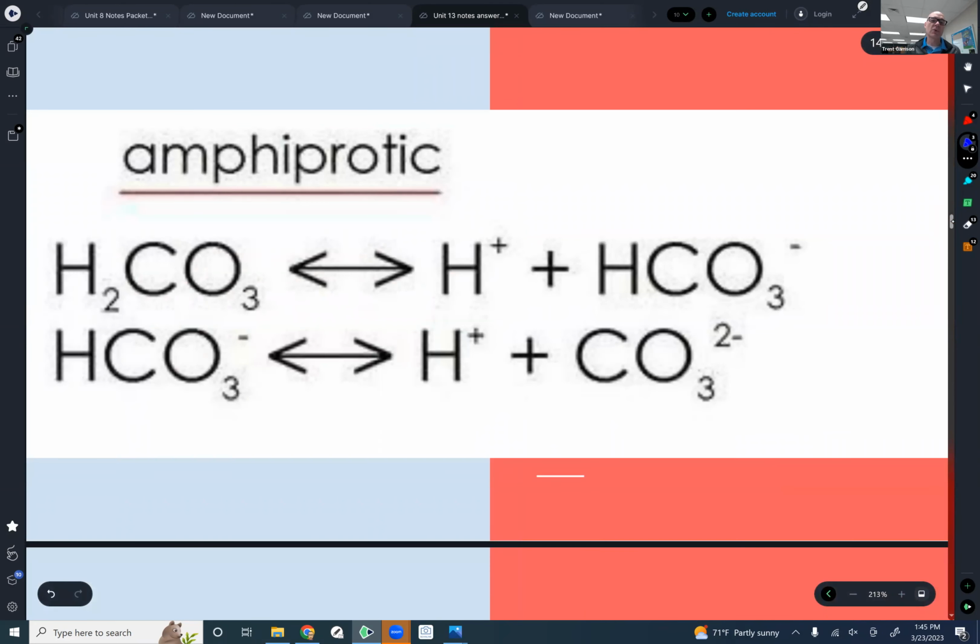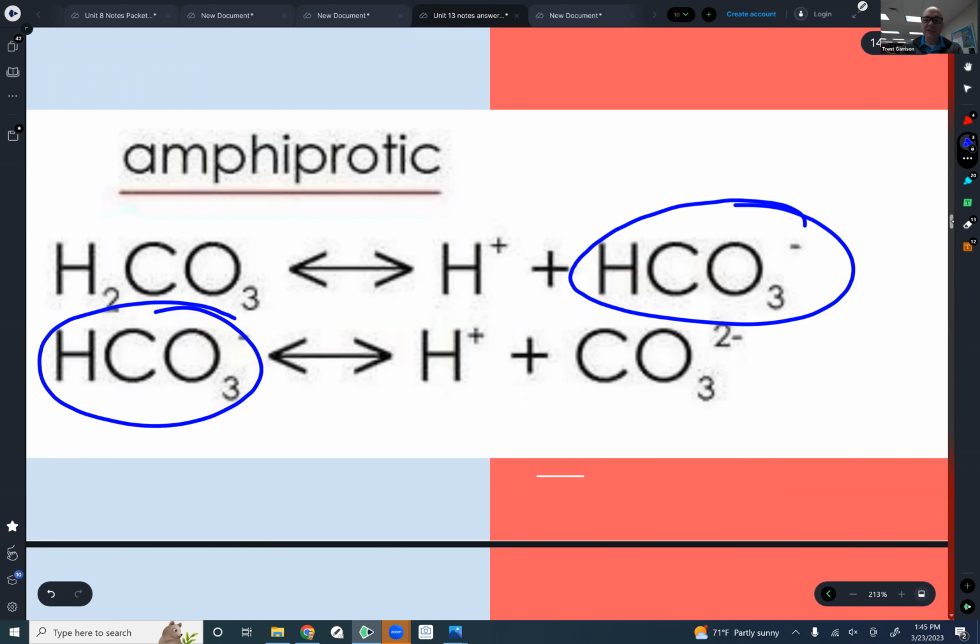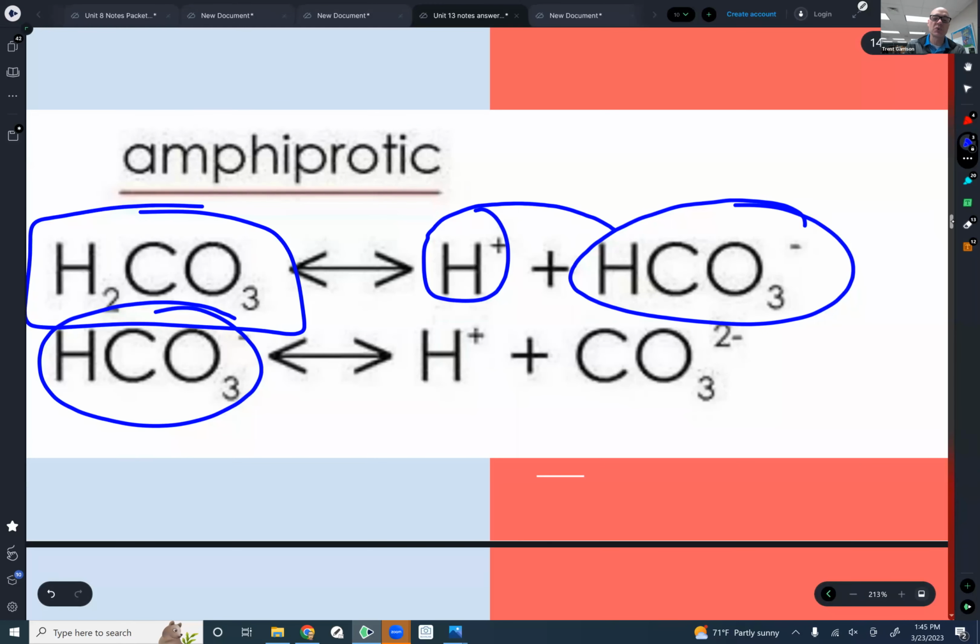So here's an example of the amphiprotic. So in this example, the HCO3, notice that it could accept a hydrogen and become H2CO3.